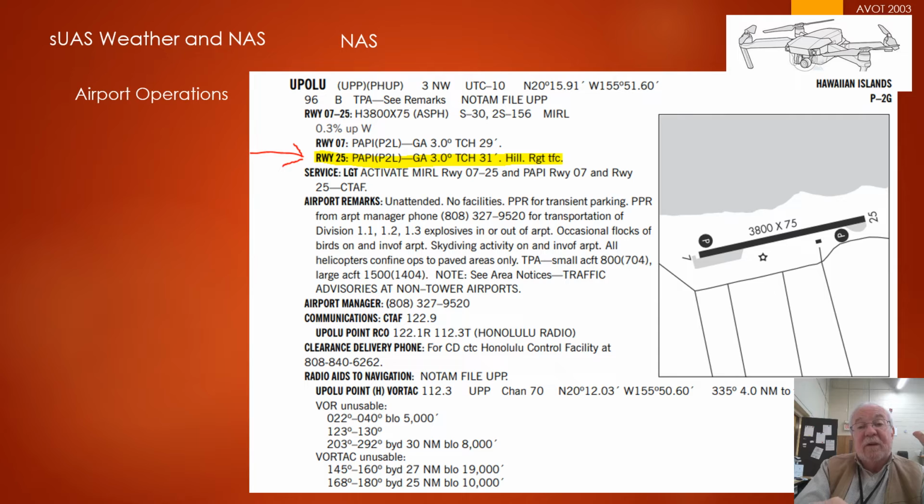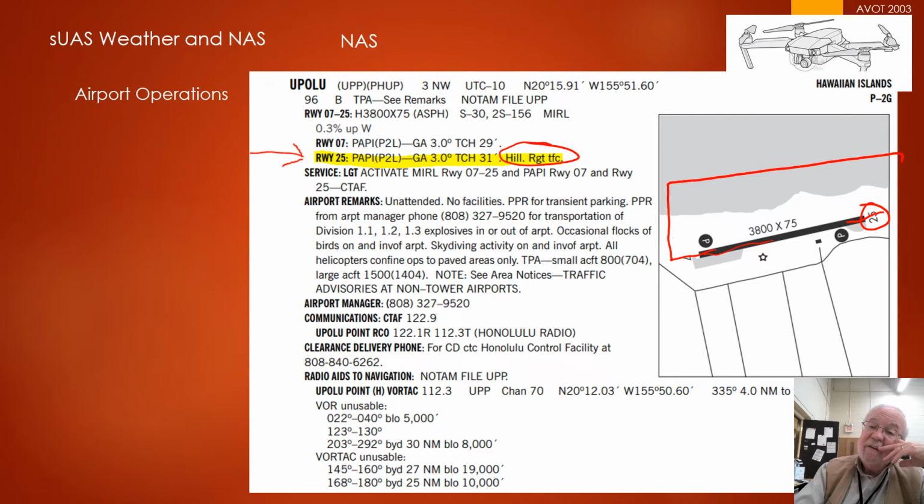There's a hill, right traffic. That's the note I'm trying to point out here. It's right-hand patterns here, which means for runway 25, they'd be going this way. 25, this is 25 here. So they'd be taking off here, and instead of going left, they'd turn right. And then that'd be crosswind, and then downwind here, base leg here, and then final there.